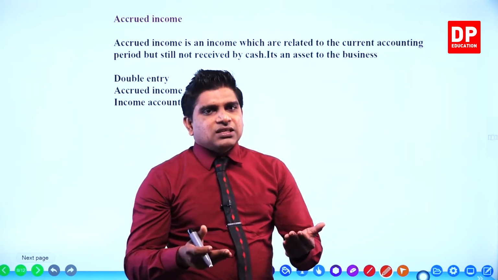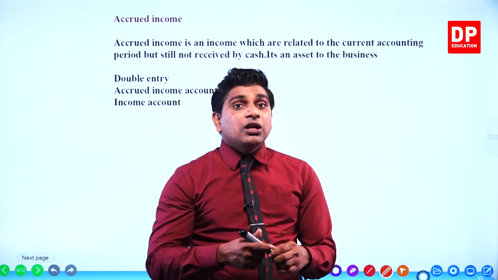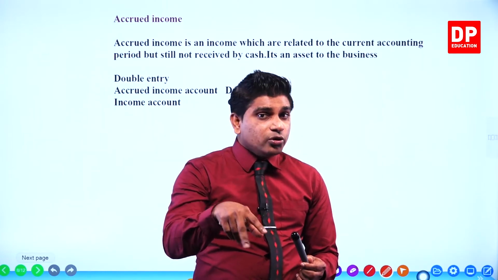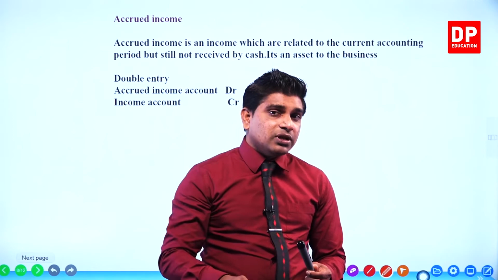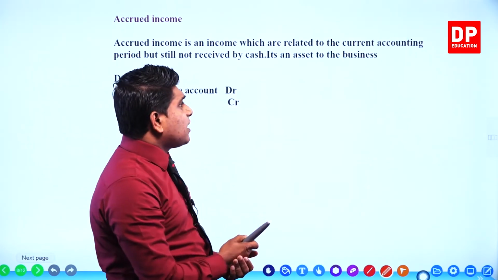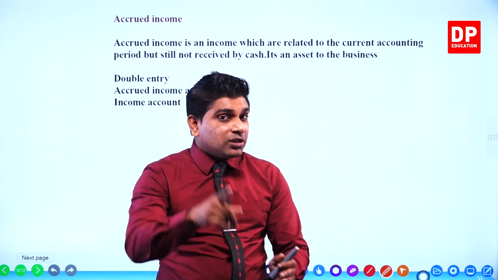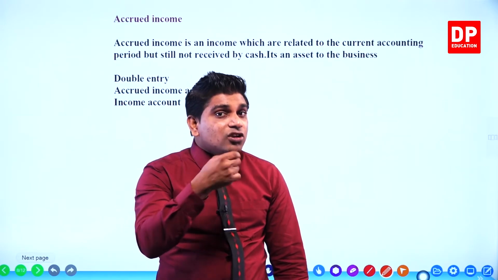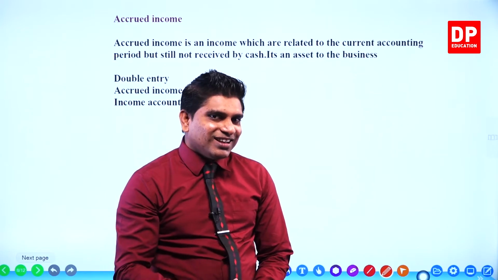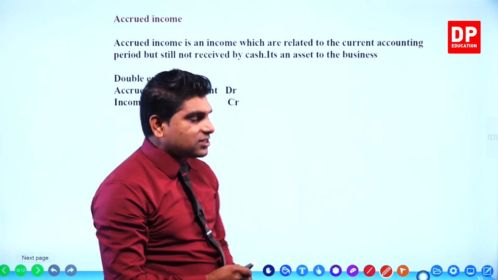Accrued expense is an expense related to the current accounting period but still not paid by cash. If it's accrued income, do you pay income? No, you will receive. The money has not come to the pocket yet. That's why it's a current asset. Accrued expense is a current liability; this is a current asset.